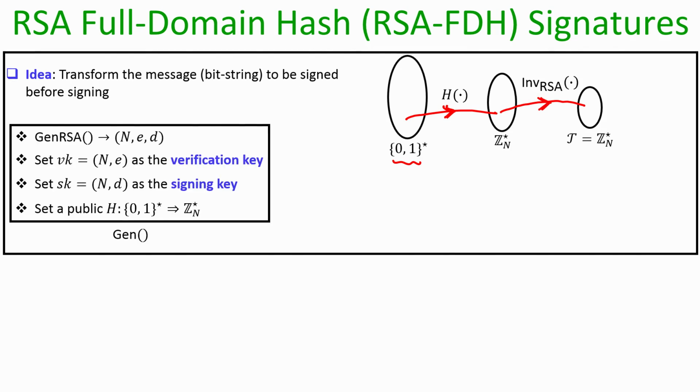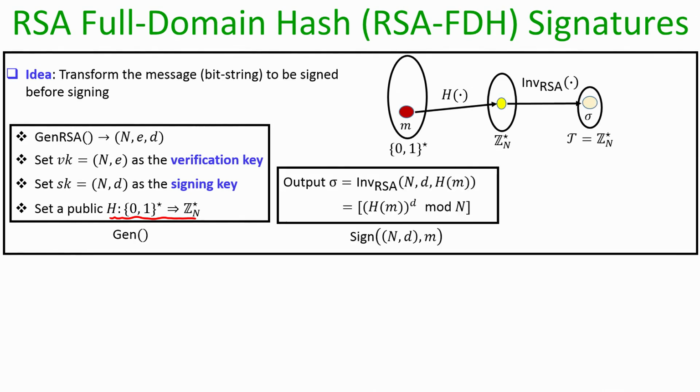So, the key generation algorithm for this full domain hash signature is as follows. We run the GenRSA algorithm, set n comma d to be the signing key and n comma e to be the verification key, and we make this transformation function H publicly known. The transformation function maps arbitrary length bit strings to elements of Zn star.